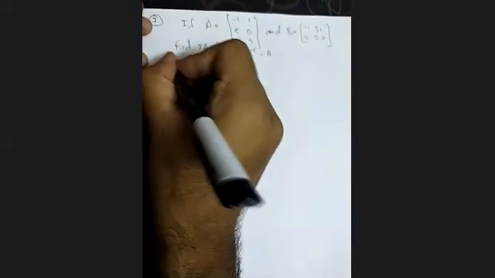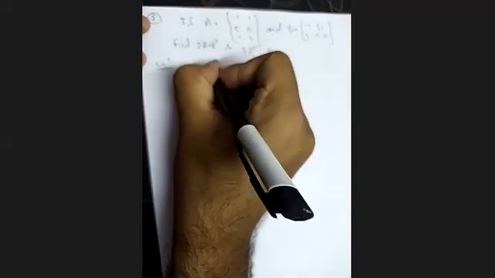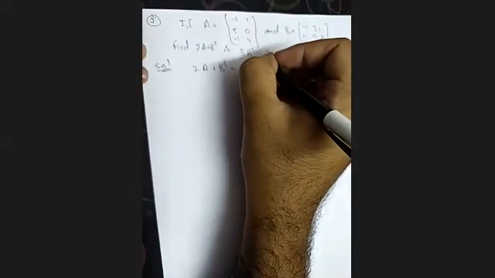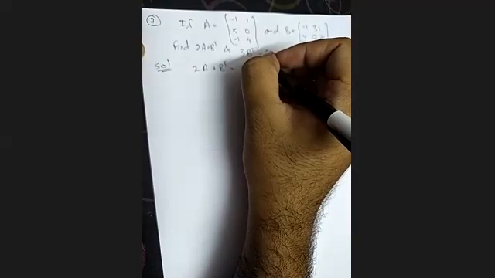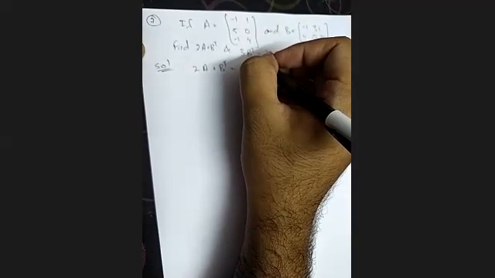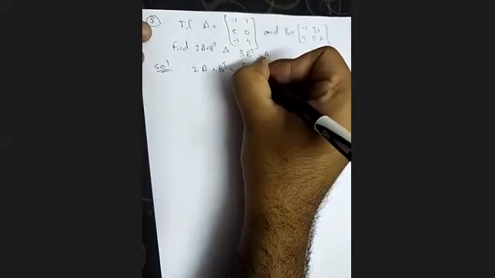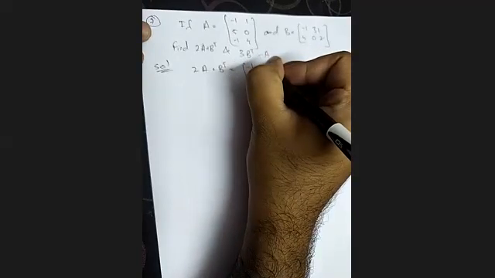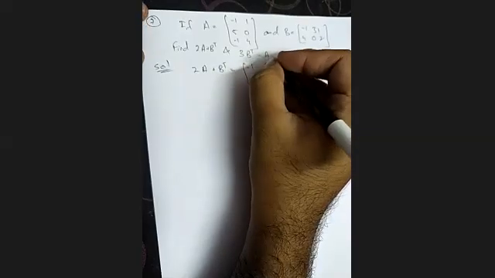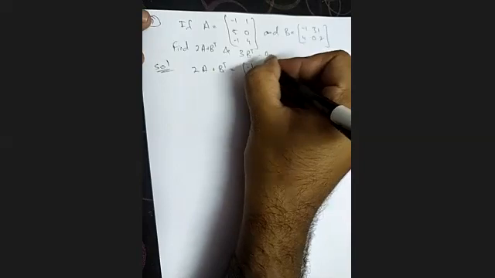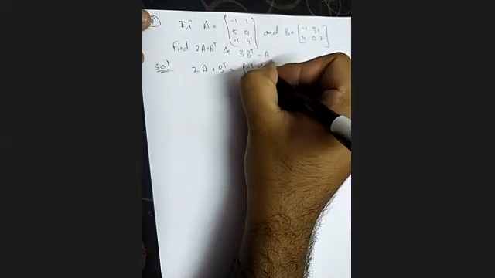First of all, what we have to find? 2A plus B transpose. That will be 2A. Okay, minus 1, minus 1 plus 1.